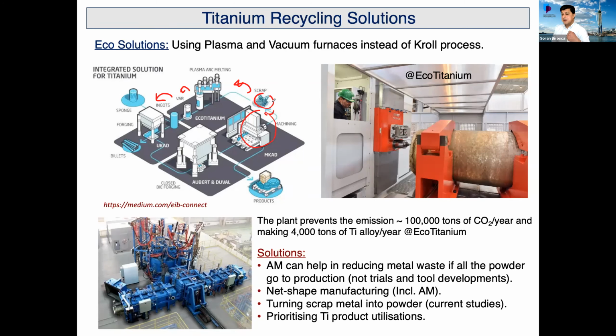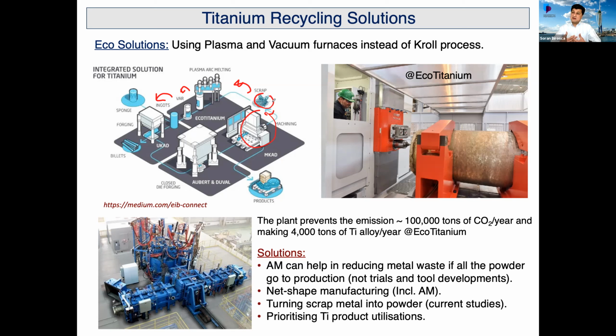For example, additive manufacturing uses huge tons of titanium alloy, but not for the actual part, but for trials and tool development for the AM machine. So these tons will be easily recycled, but they don't go to real production or real utility or employability.